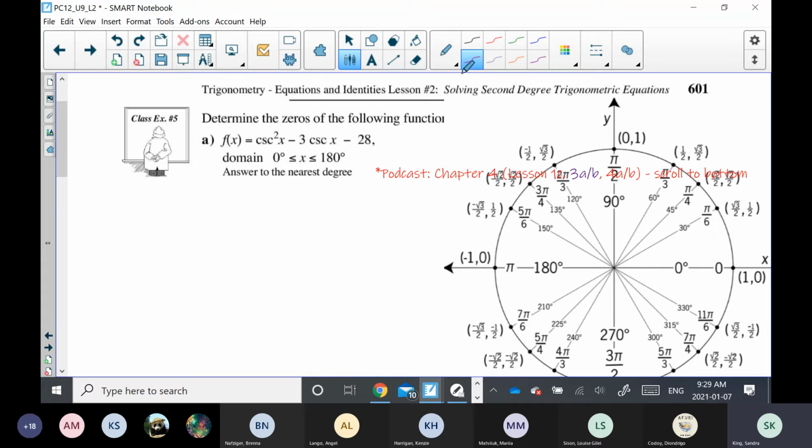So we'll do A and B. Zeros means take that f of x out and just substitute in a 0. So 0 is equal to cosecant squared of x minus 3 cosecant of x minus 28. We're going to have to factor this. So let's take out our cosecant and let's just put it in A.